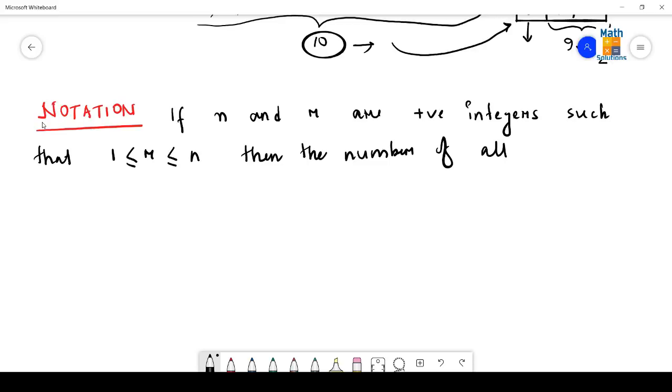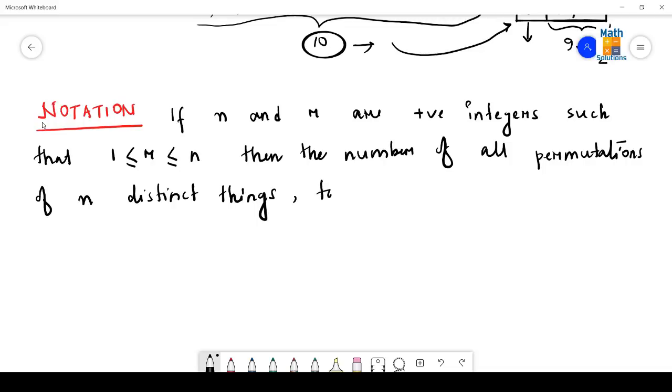In my very first video I already explained this: arrangements actually refer to permutations. All permutations of n distinct things, taken r at a time. Taken means out of n distinct things we have to take r at a time.